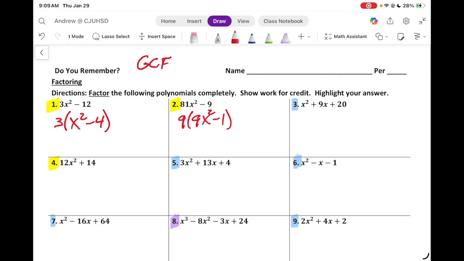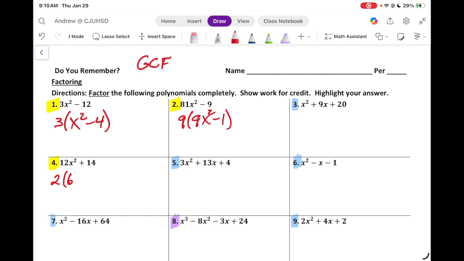But is the answer to the GCF just you always take the smaller number? No, here's an example with 12 and 14, number 4. 12 and 14, greatest common factor, 2. Biggest number that divides evenly into 12 and 14. So we write a 2 out in front.